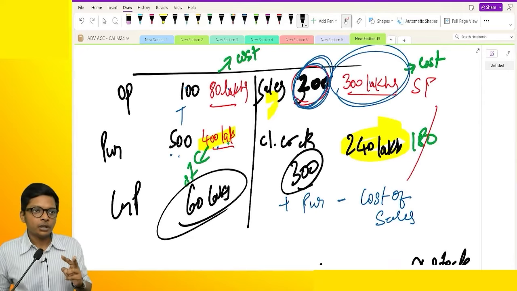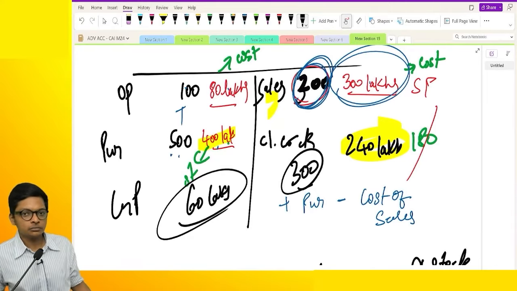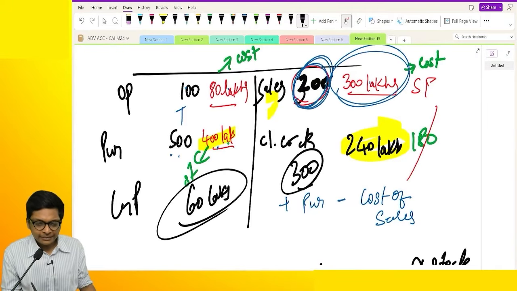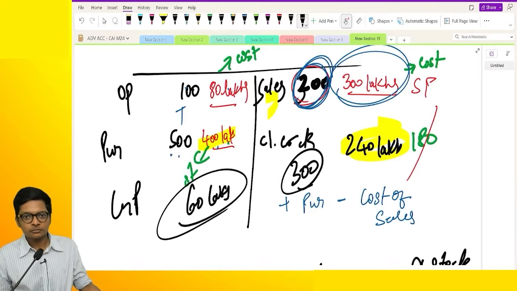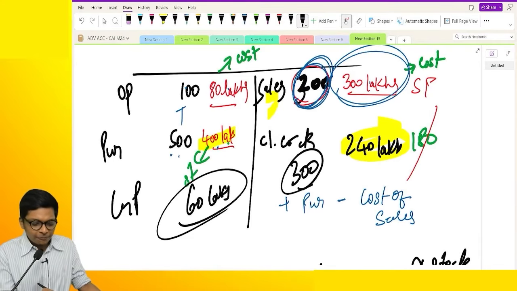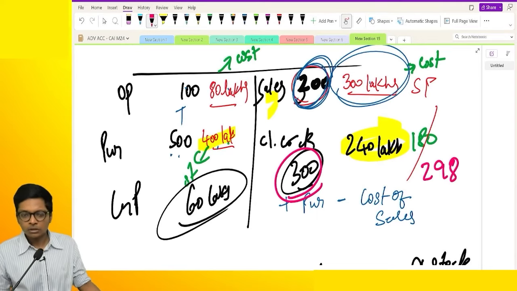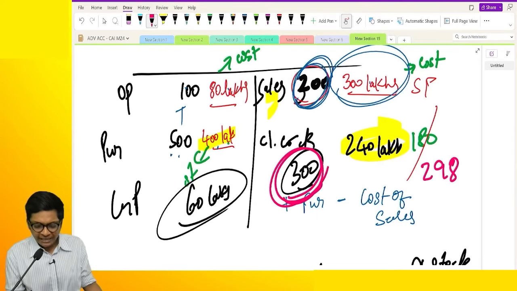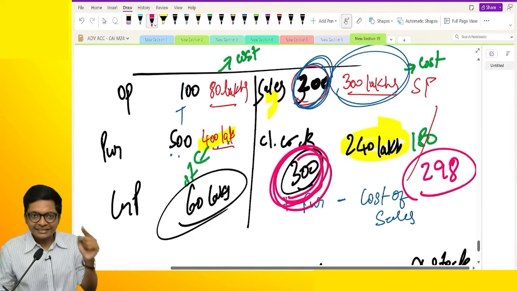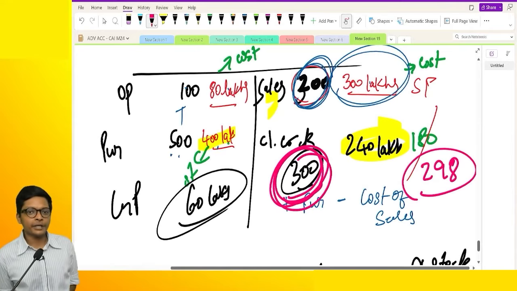What if someone stole in the warehouse? 2 iPhones are stolen. That will not show up in the equation. As per the equation I will have 300, but actual is different. So what to do?